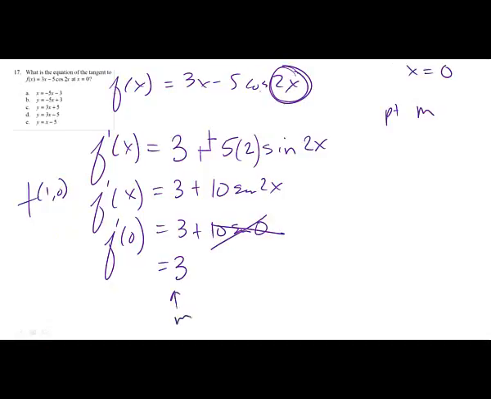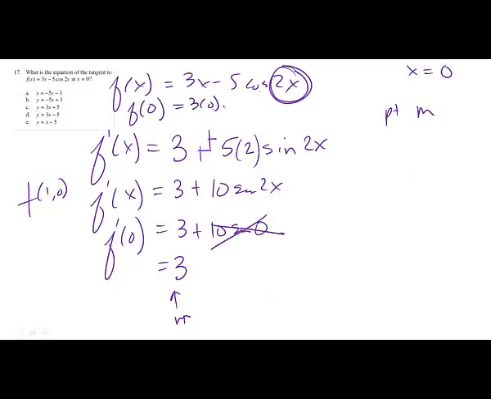Okay, so there's the slope of your line. I still need to find the y value of the point. How do I do that? If you get to x and y, I have x. Well, how do I get y? Plug x in. Plug x in where? Into the original function. So I'm going to find, I left some space up there, f of 0 here.